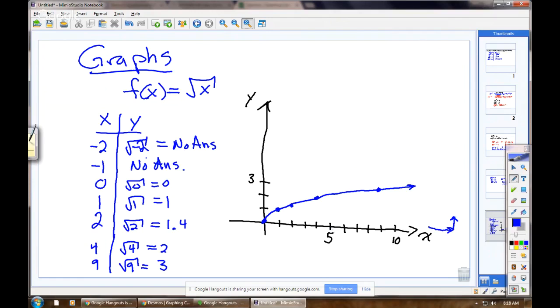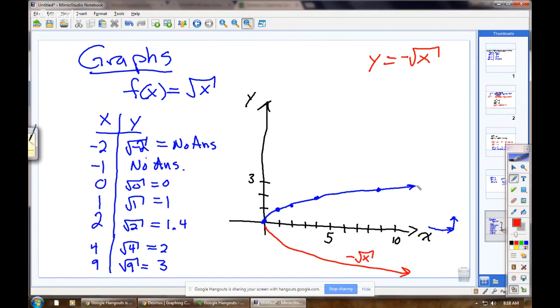If I were to graph the other square root, y equals the opposite of the square root of x, that would basically take the opposite of each of these y values. And so I would get a symmetric curve underneath here. So this down here is the graph of the negative square root of x.